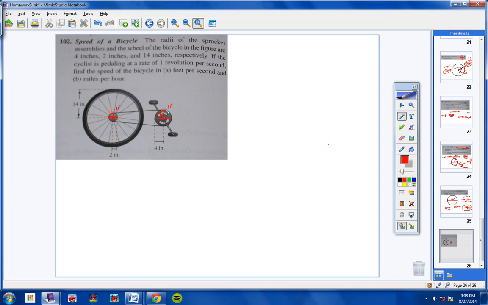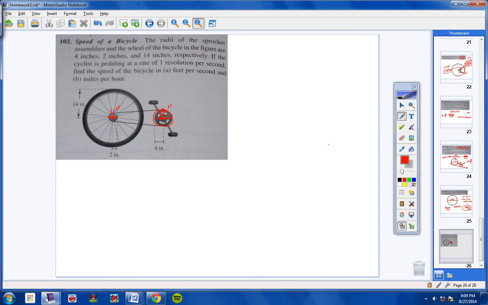So this circle here makes 1 revolution. Now remember, we've talked about this during this video in earlier problems. A bigger circle actually has fewer revolutions to go the same speed as a smaller circle. It's going to have to spin faster, okay? So notice the diameters.